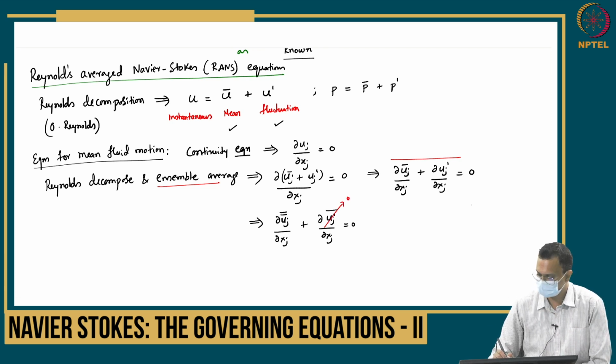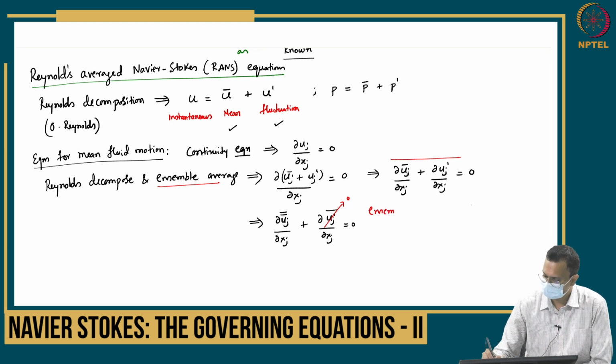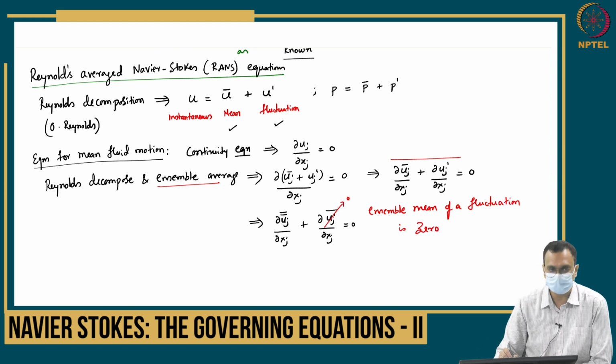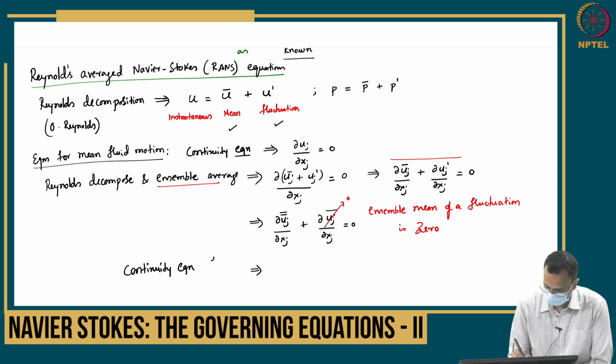Average of a fluctuation, ensemble mean of a fluctuation is 0, that we have already seen the proof, and the ensemble averaging a true mean does not change its characteristics. So we get our continuity equation for mean motion, mean fluid motion, as dou uj bar by dou xj equal to 0.